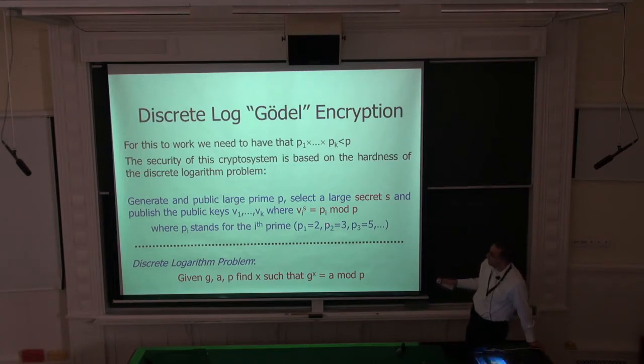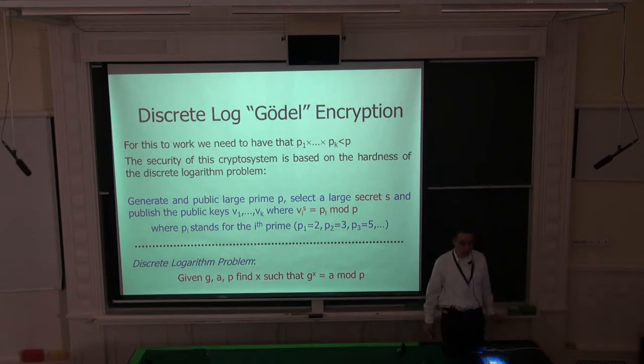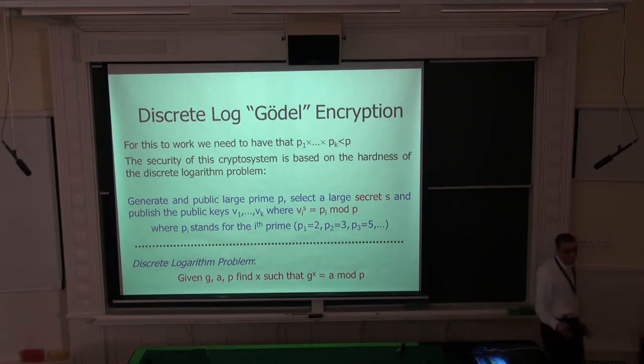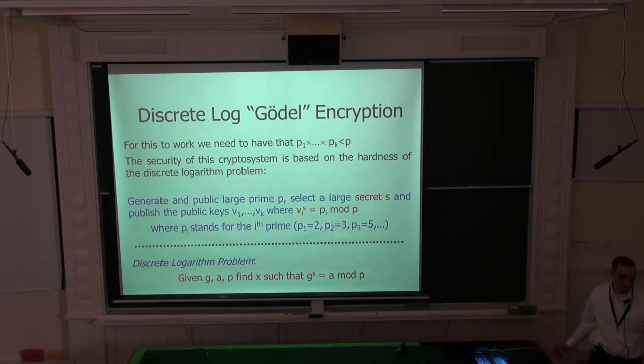So basically, the discrete log is this, and here you have a sort of multi-discrete log with small primes. So you can say it's based on, but it is not reducible to. Okay? It's like Diffie-Hellman, it is based on the discrete log, but it's not reducible to it.